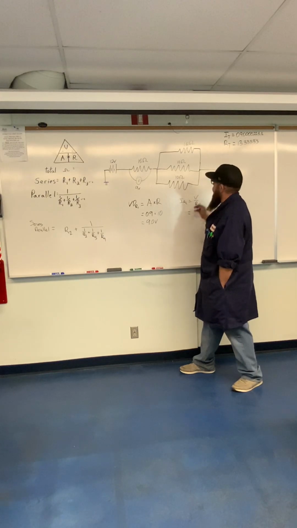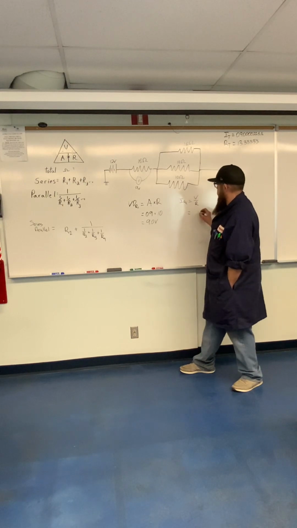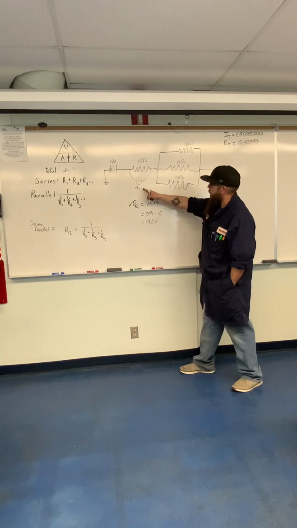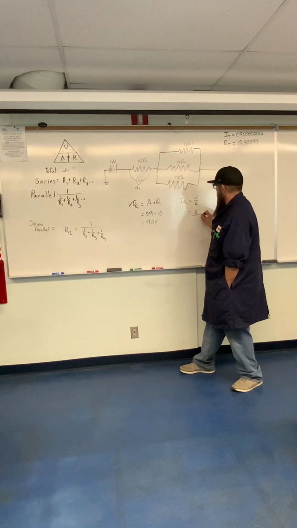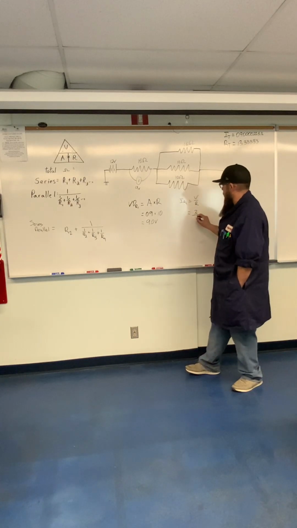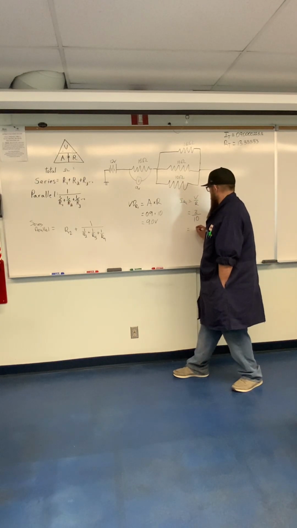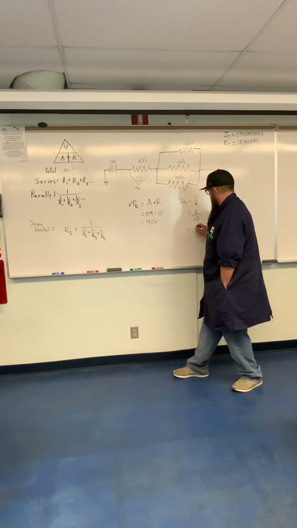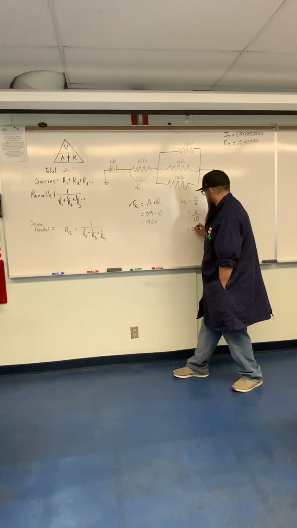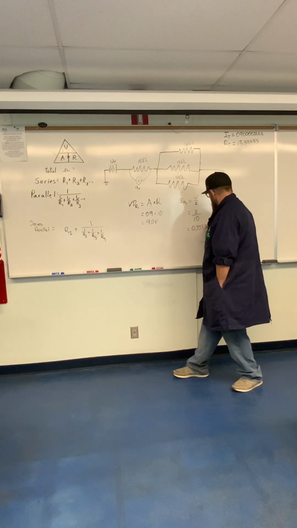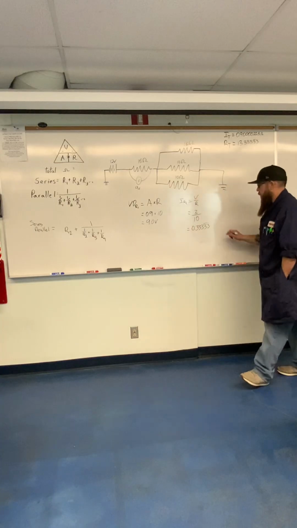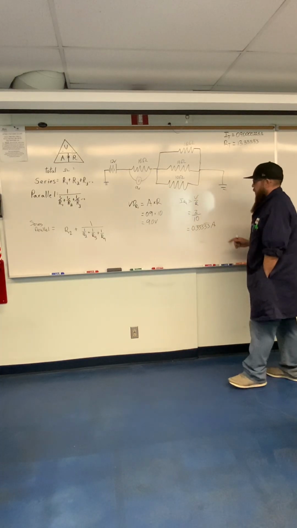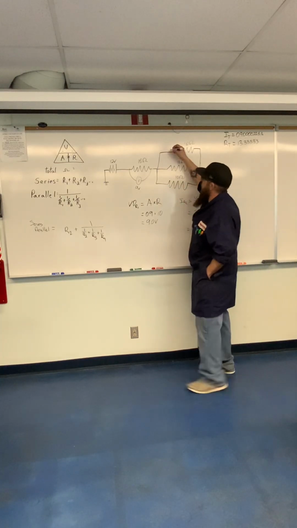So voltage in this case is only going to be 3 volts, because it's all we have left after the 9 volts here. And our resistance is 10. So 3 divided by 10 is going to be 0.3333 repeating amps.